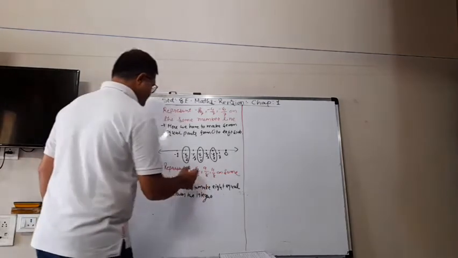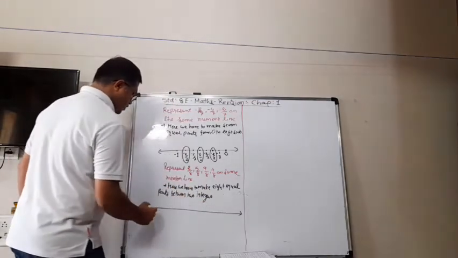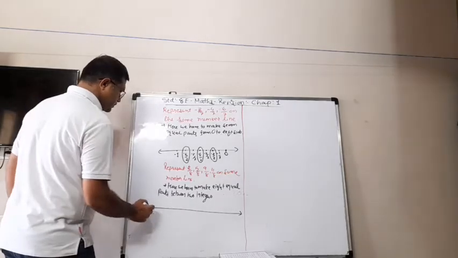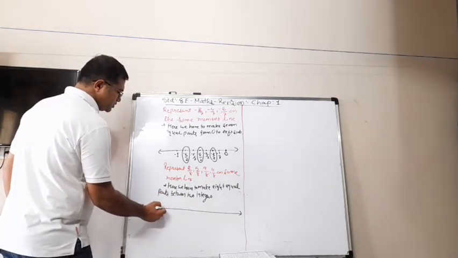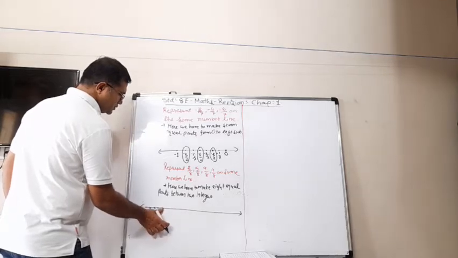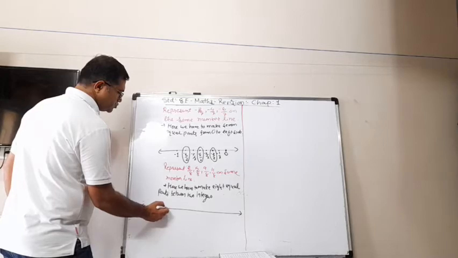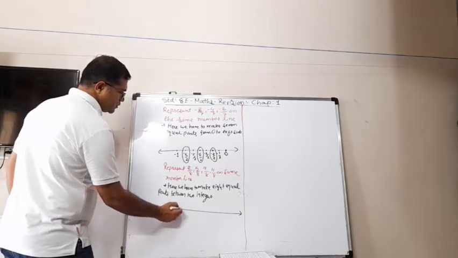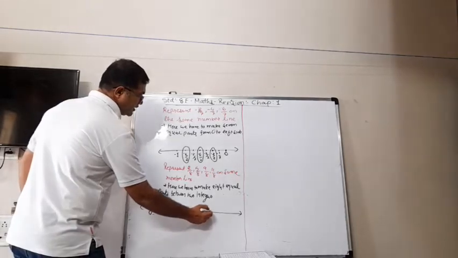Now it is positive, so we can take 0 on the left side. Then 8 parts, 1, 2, 3. Let me take some more distance. 1, 2, 3, 4, 5, 6, 7, 8.